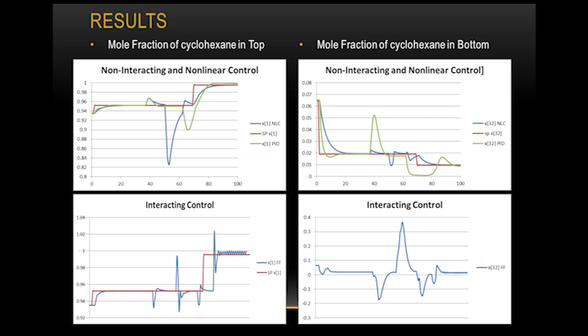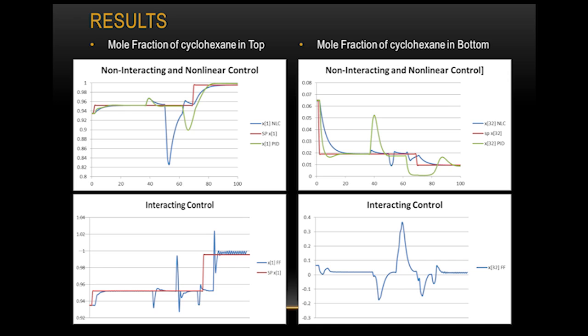It would give us more data points, but the PID controller we ran just in MATLAB and got it from APMonitor. But we tried to make the scales as close as we could to look and compare.